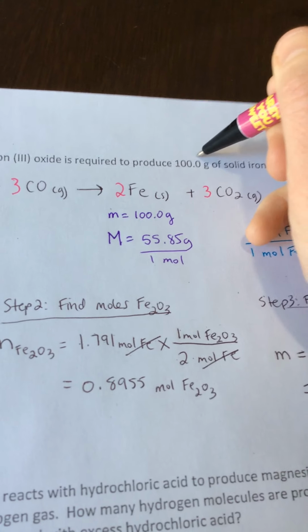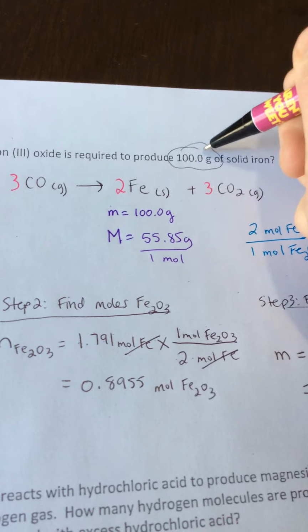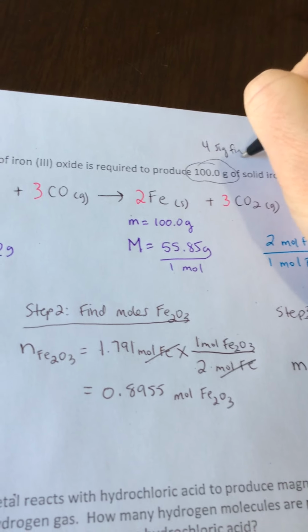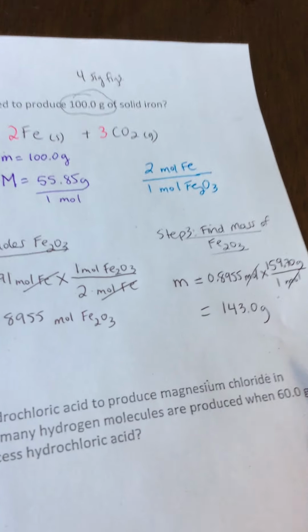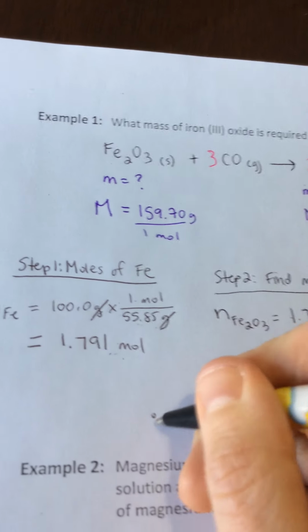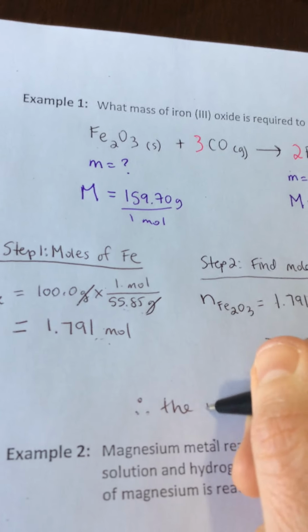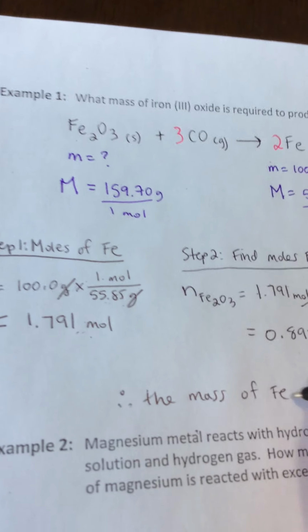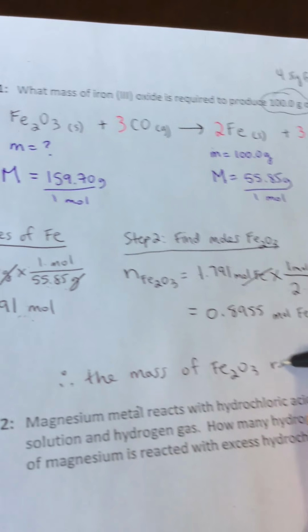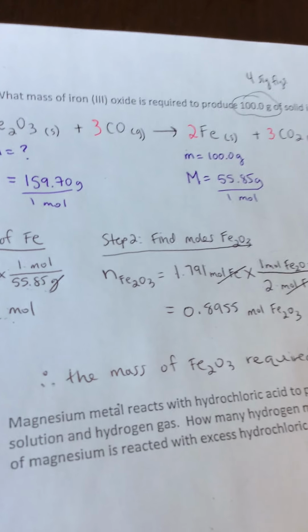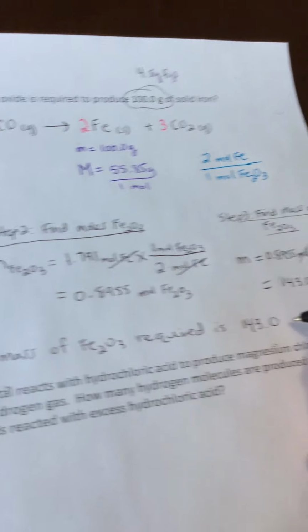Let's go back to our original question. Here is a measurement. We have 4 sig figs in this measurement, so our final answer needs 4 sig figs. So therefore, the mass of Fe2O3 required is 143.0 grams.